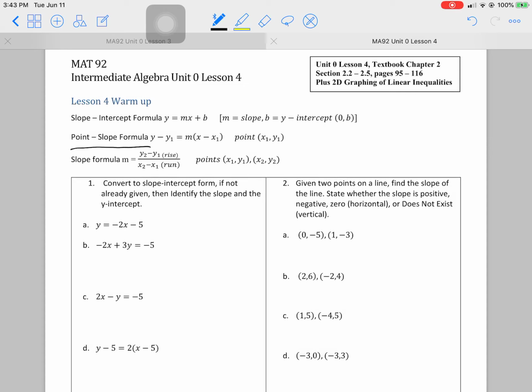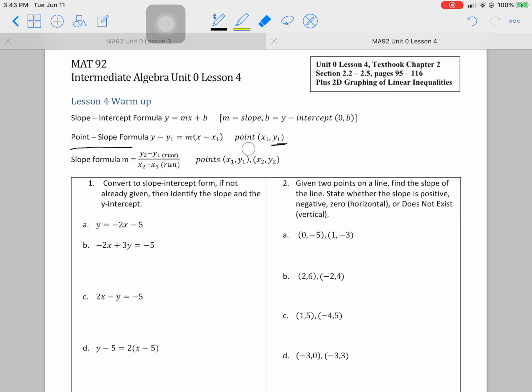Point-slope formula, that's it right there. When you look at the point, that's the x1, y1. That's how you would label a point to use in here and here. And then this is the x and the y that kind of stay there, and that is the same as the slope, okay?